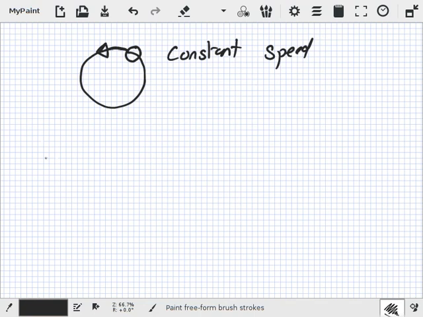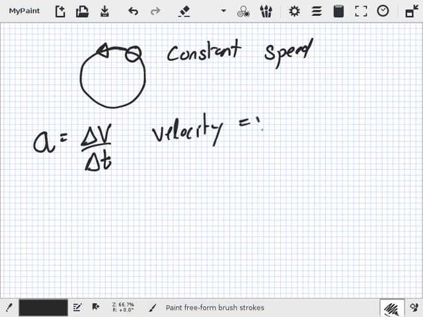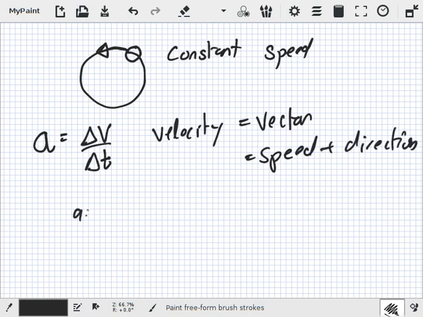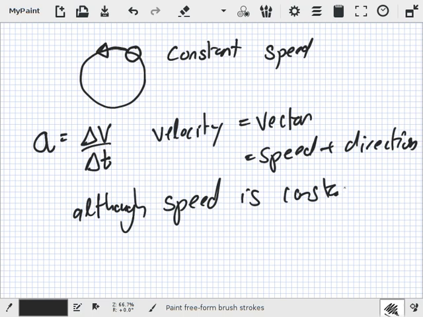Okay, so acceleration is the change in velocity over the change in time. Yes, and velocity is a vector which equals speed, in this case, and direction. So, although speed is constant, direction is not.